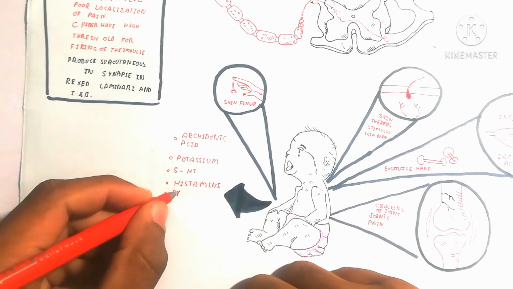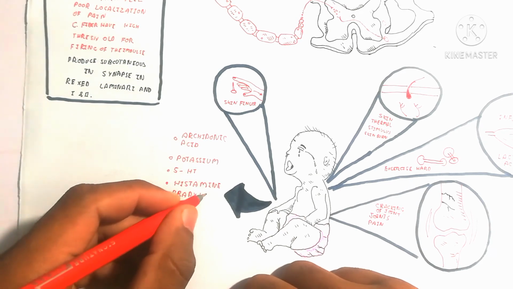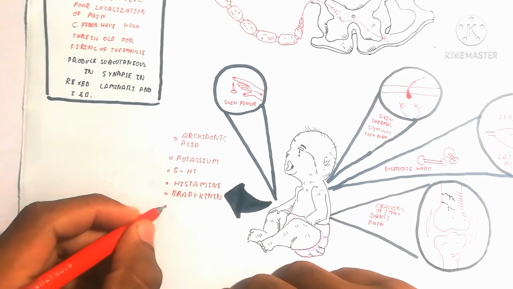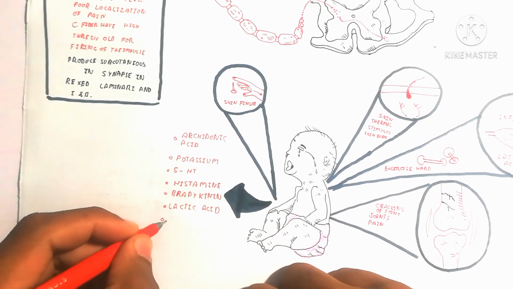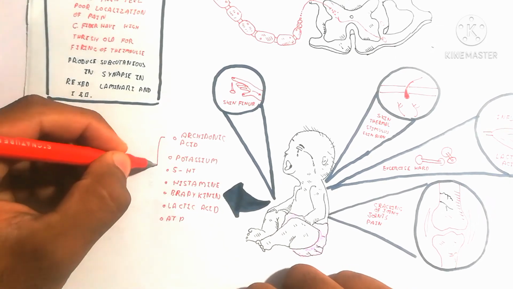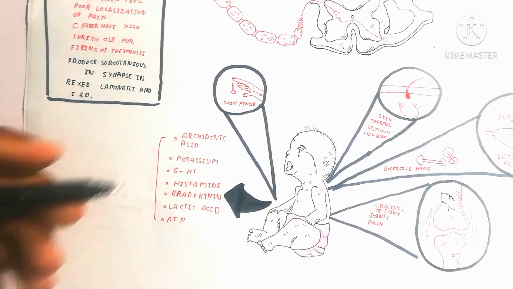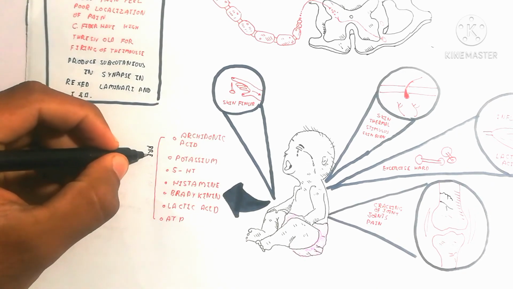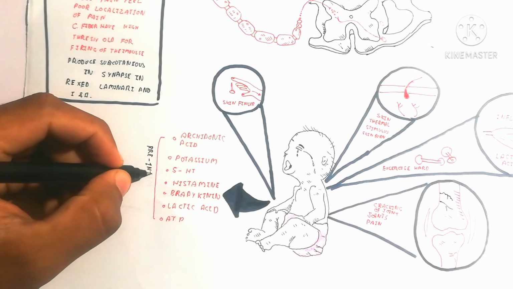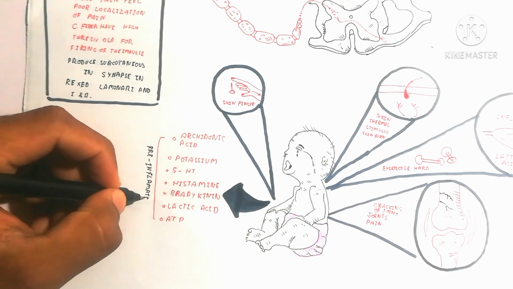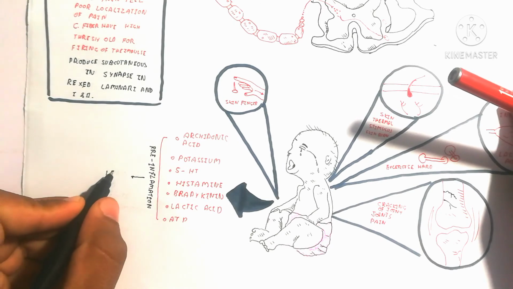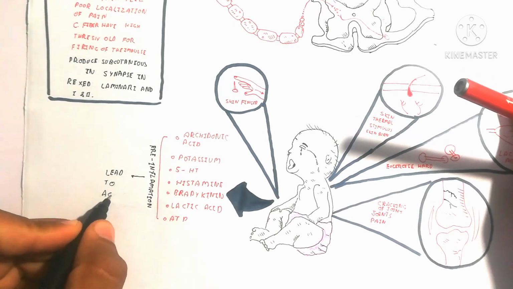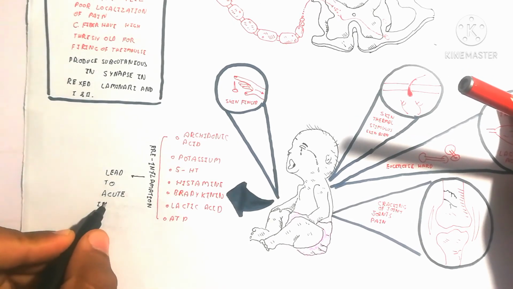This leads to the thalamus, and the thalamus leads to different chemicals which are used for pain: arachidonic acid, potassium, serotonin, histamine, bradykinin, lactic acid, and ATP are used for pre-inflammation, and this leads to acute inflammation in the damaged area.